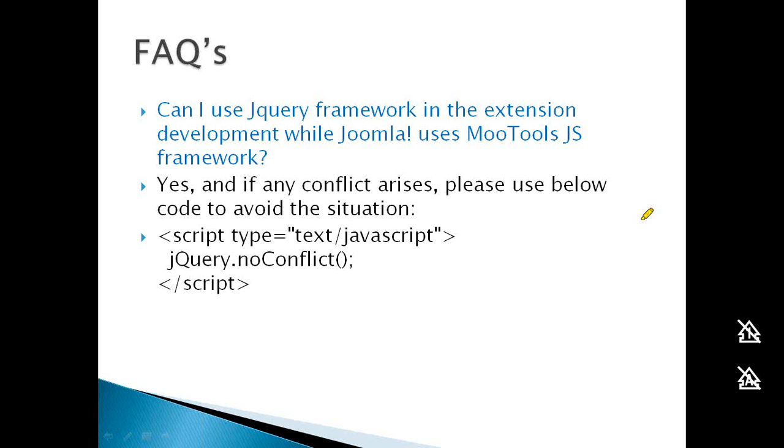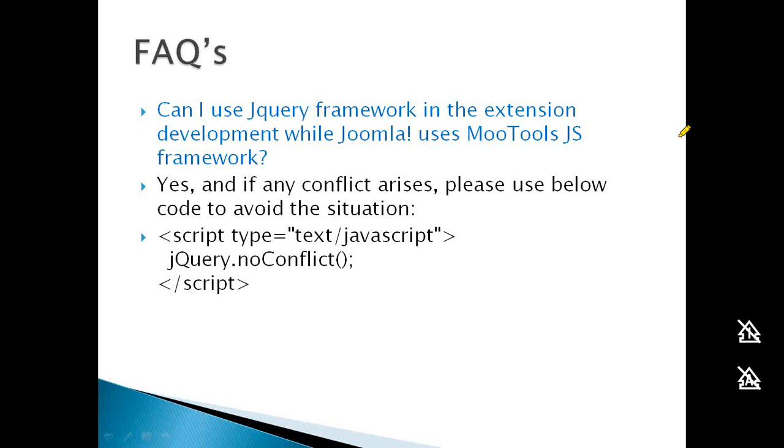And the last FAQ for the day is, can I use the jQuery framework in extension development while Joomla uses the MooTools JS framework? Yes, Joomla uses MooTools by default, and you would notice it when you are using the admin panel and other parts of the default Joomla templates. And yes, you can use jQuery with it if you want to add some functionality to your module.